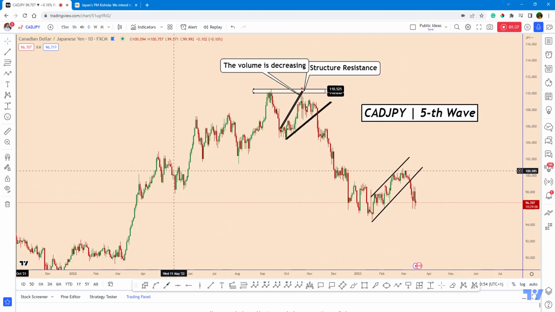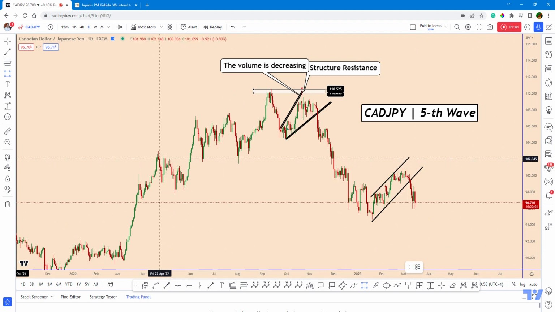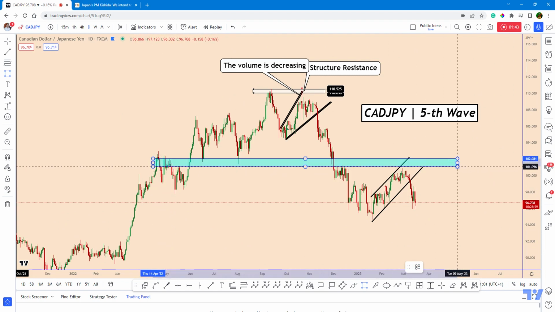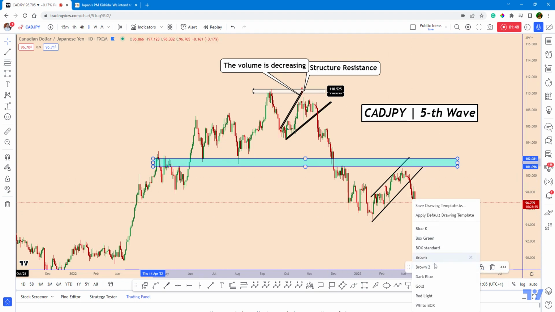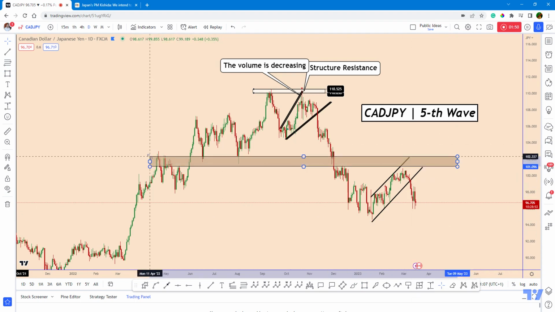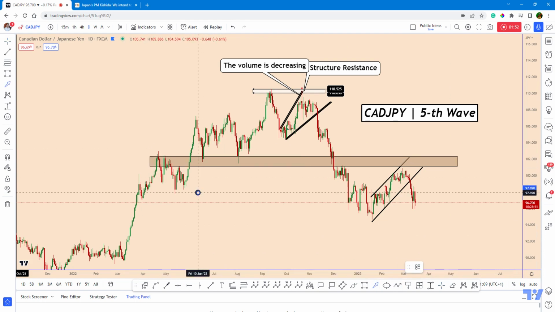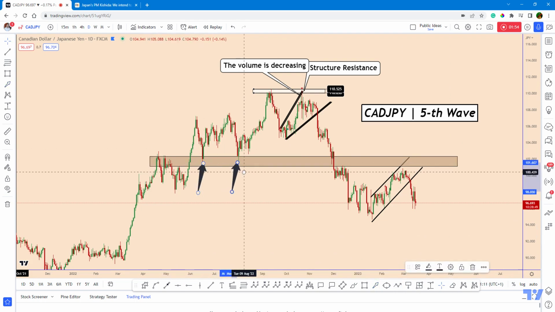On the left part of the structure you will also see that the price is facing resistance from the upper part of the resistance zone. This is a large area considering that we have support for this wave here.